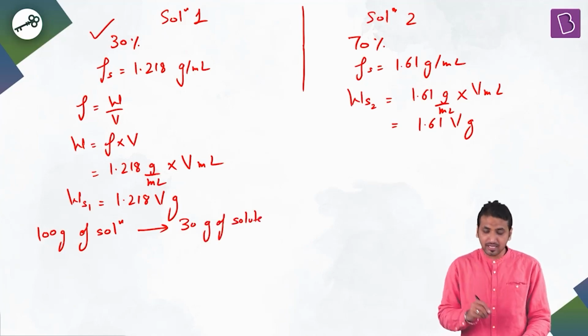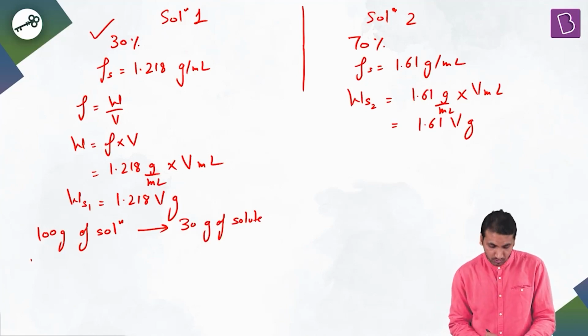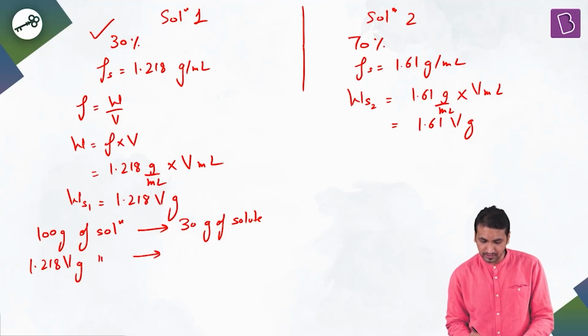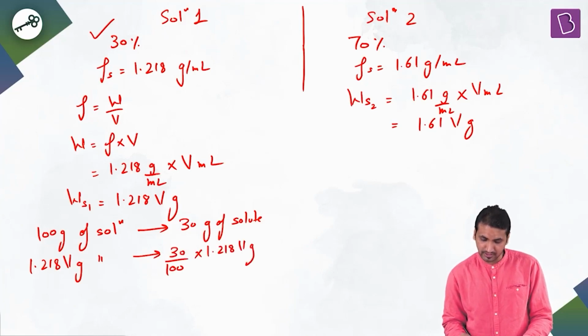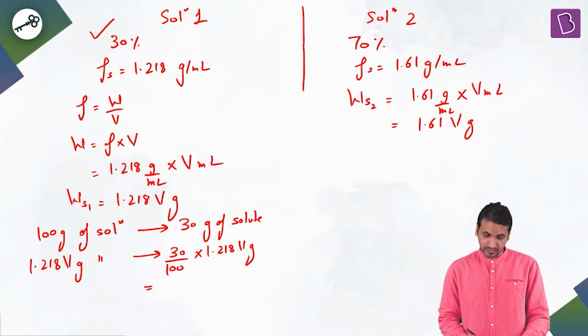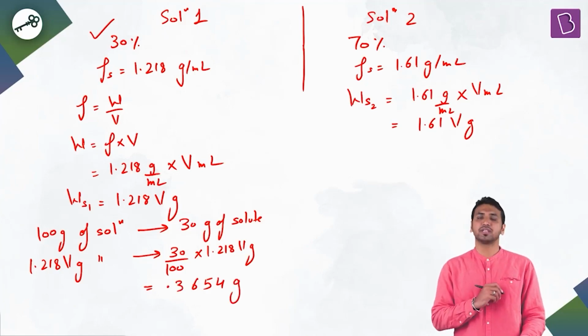So if 100 gram has 30 gram, then 1.218 V gram of solution will contain 30 by 100 into 1.218 V gram of solute. If you calculate this value, it will be 0.3654 V grams, right?